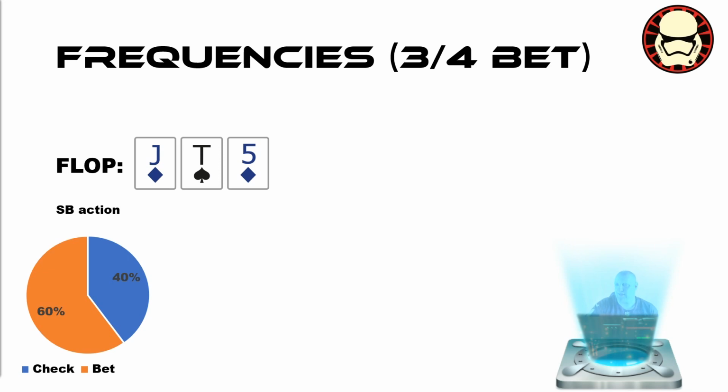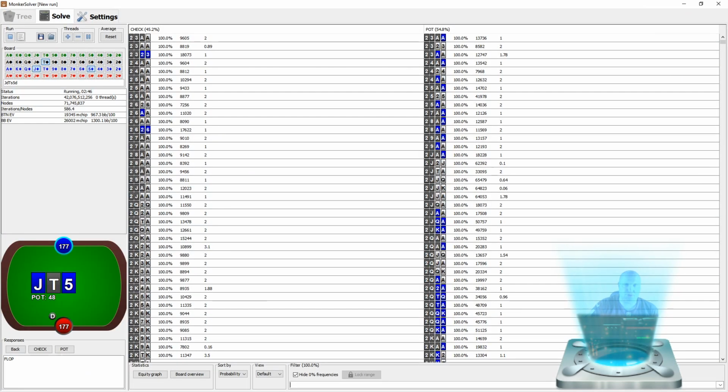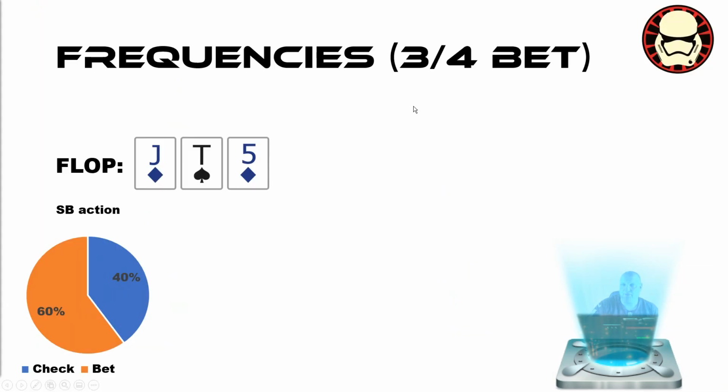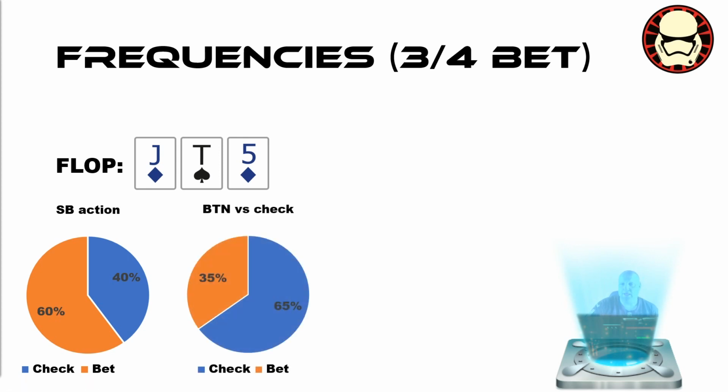If we use only pot size, here's a sim where the only option is pot size, then it's 55% frequency. So it goes down a little because the bet is bigger. But with 3/4, we can see that it c-bets often. And then if checked, the button is betting 35% and checking back 65%.